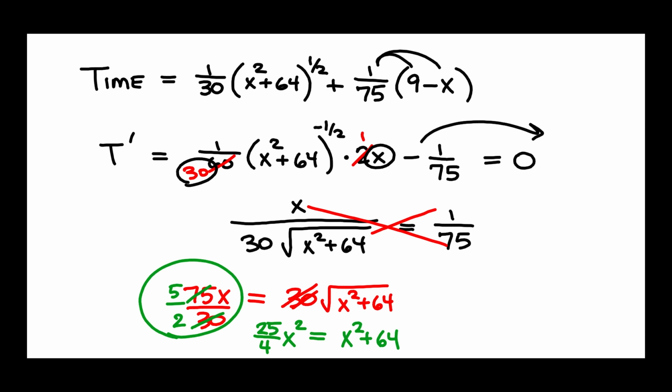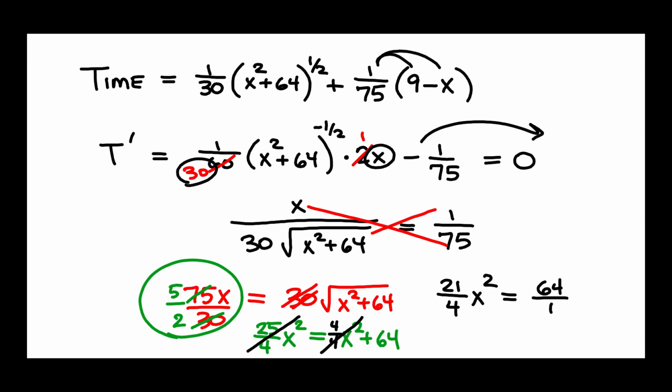Okay, let's get everything together. I'm going to subtract x squared from both sides. Although this x squared has a 1 in front of it. Let me write that 1. Do you like my 1? All right, let's take away 4/4 x squared from both sides. That's going to make the left-hand side 21/4 x squared equals 64, which I'll make into a fraction.